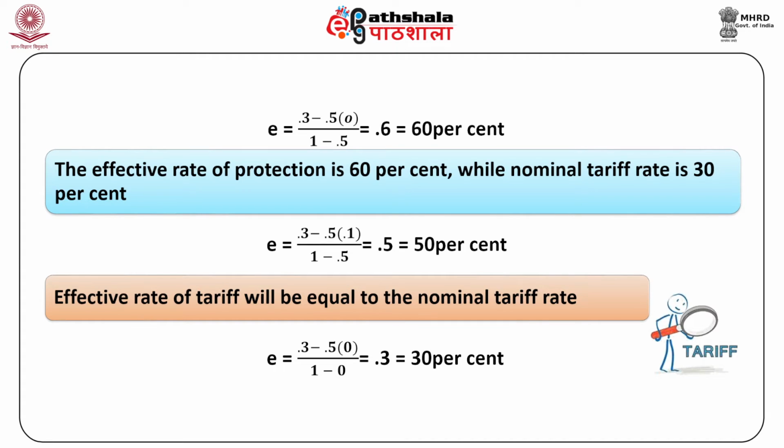E = (0.3 − 0.5 × 0) / (1 − 0) = 0.3, that is 30%. We can summarize that if the tariff rate on imported inputs is higher than that of the imported final products, the effective rate will be less than the nominal rate of protection.